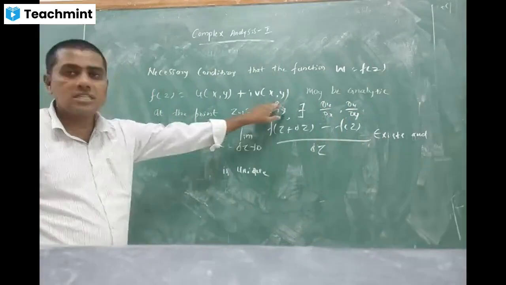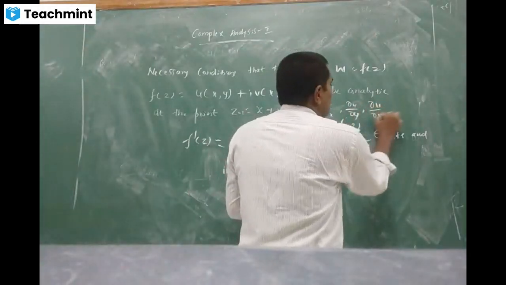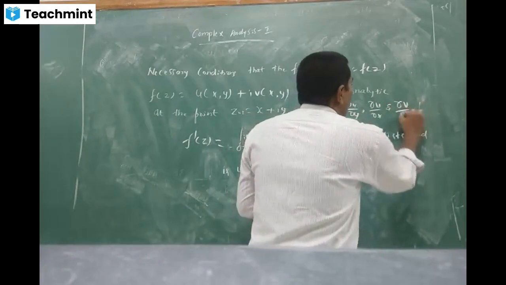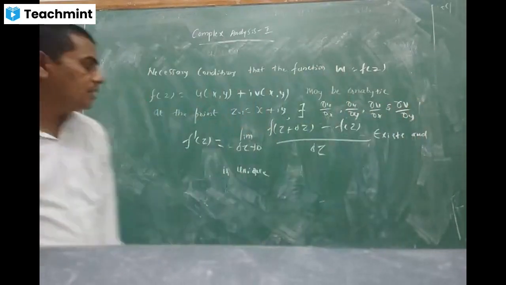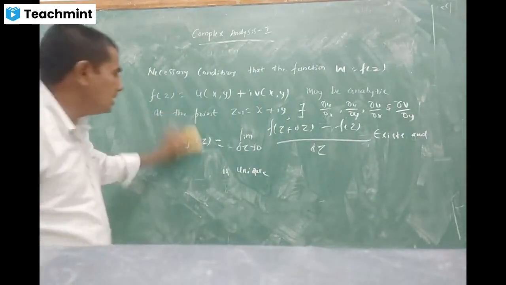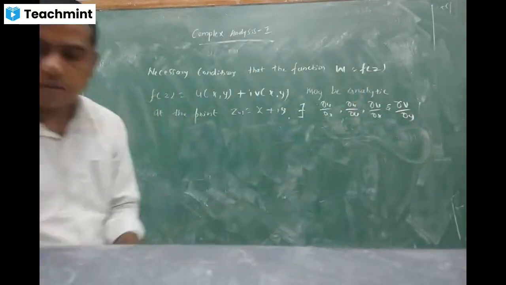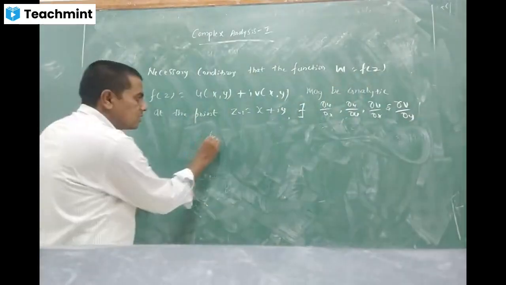Next v with respect to x and y. So first order partial derivatives dou v by dou x and dou v by dou y exist, which satisfy the equation.